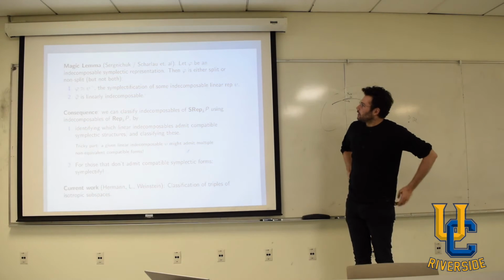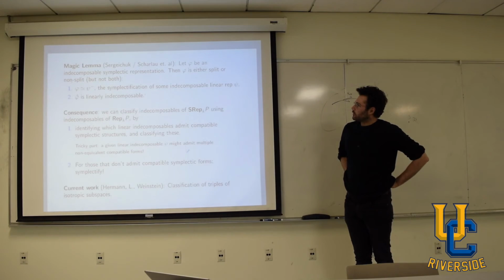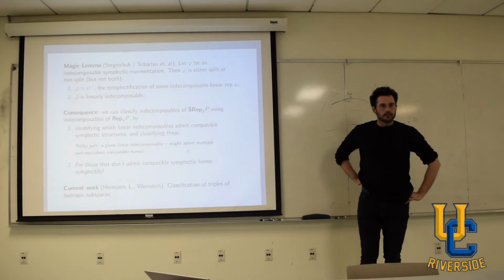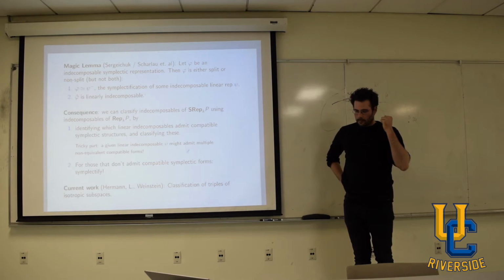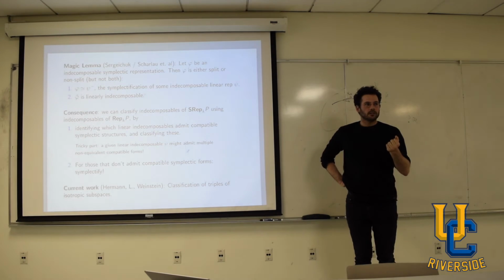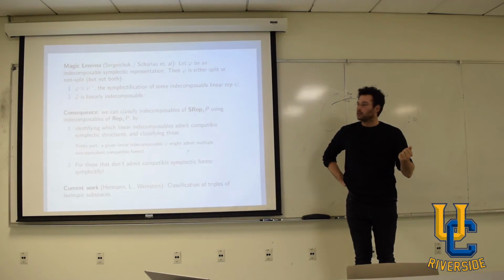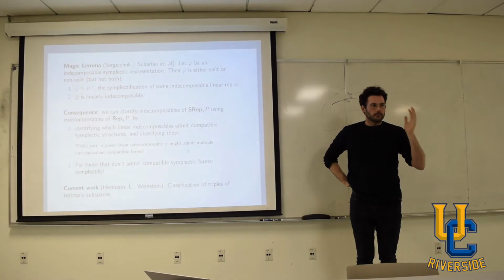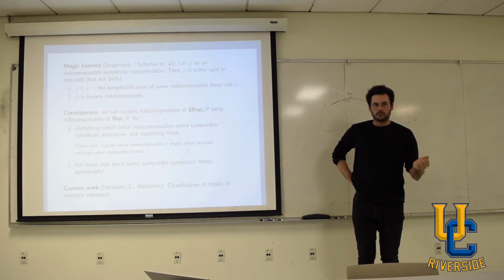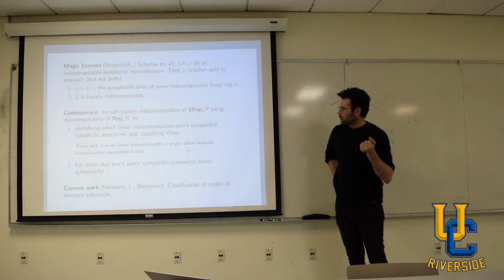So what is the statement? If we have an indecomposable symplectic poset representation, it's either split or non-split, which means either it's the symplectification of an indecomposable linear representation, or we forget the symplectic structure and we get something indecomposable. That's the non-split case.